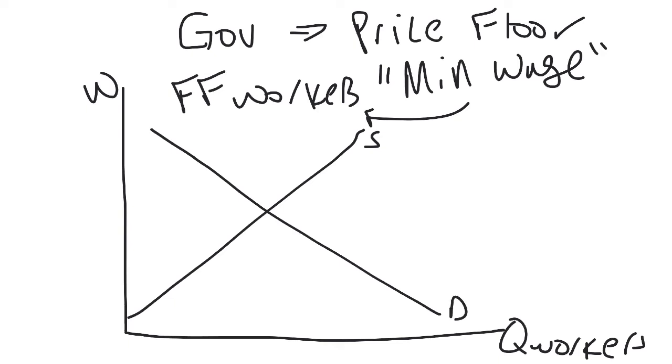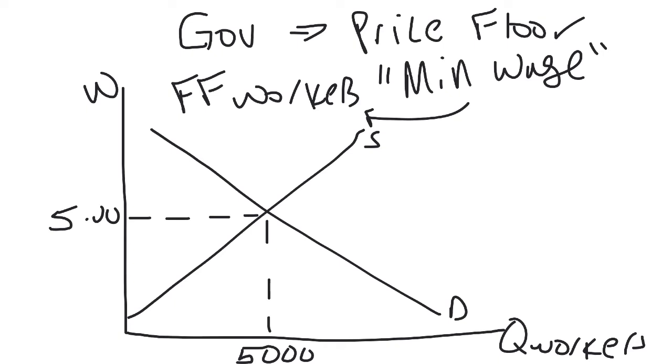Now, let's just say, based upon our simple analysis of economics, that the equilibrium wage should be, let's just say, $5 an hour. Okay, so we have $5 per hour is what the equilibrium wage should be, and let's just make up a number, let's say 5,000 people hired at $5 an hour.